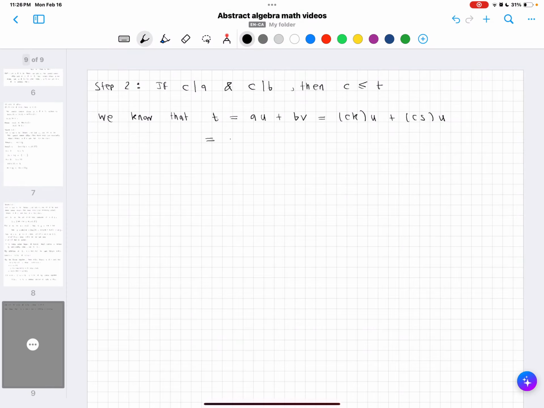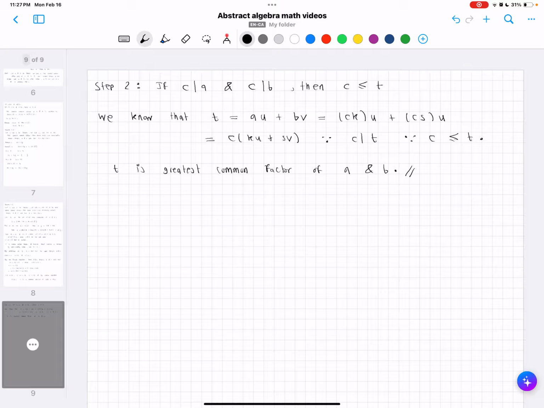If you factor c, we can see that c divides T, so therefore c is less than or equal to T. So this shows that T is the greatest common factor of a and b.